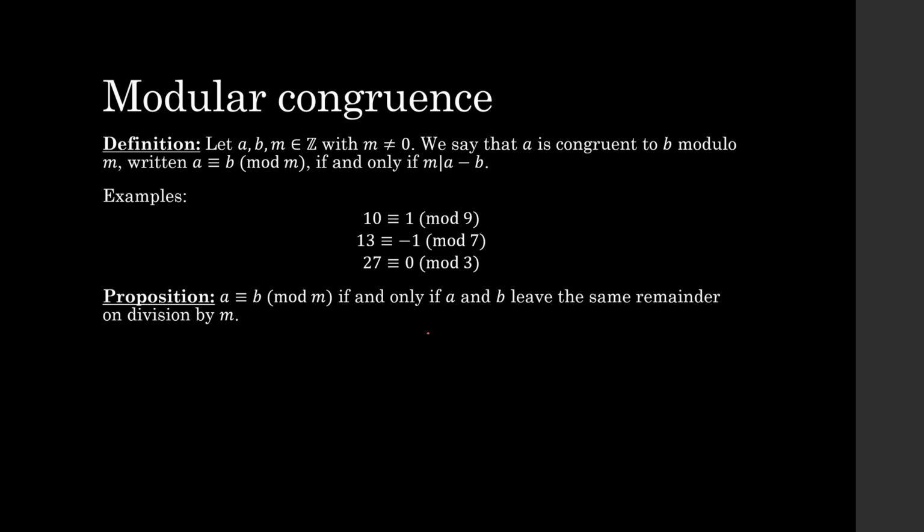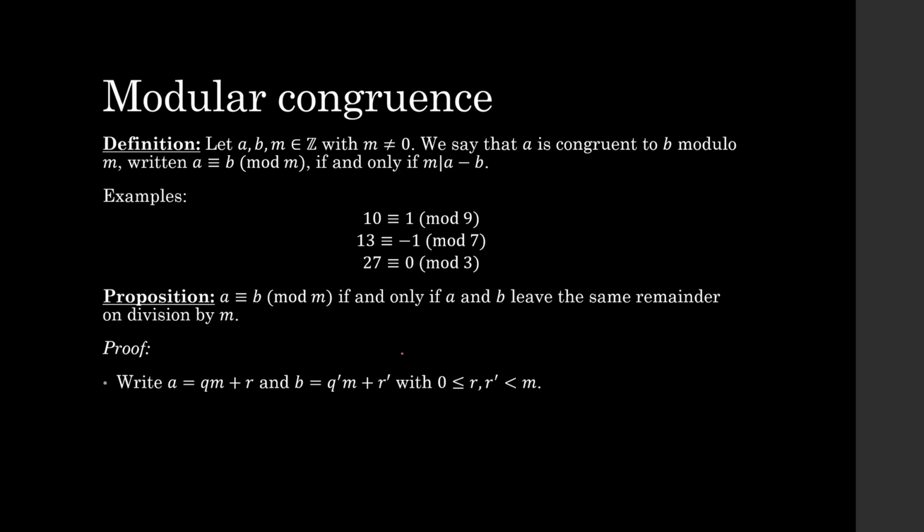If you look at those examples, you'll notice that 10 divided by 9 is 1 remainder 1, and 1 divided by 9 is 0 remainder 1, so they have the same remainder. 13 divided by 7 has a remainder of 6, and minus 1 divided by 7 also has a remainder of 6, because it's minus 1, and then we add 6. It's kind of an extension of the whole idea of remainder and quotient, where the quotient can be negative. And then we've got that 27 has a remainder of 0 when it's divided by 3.